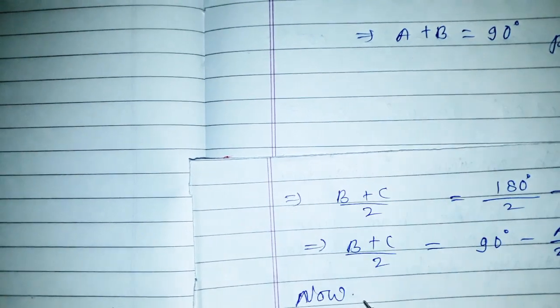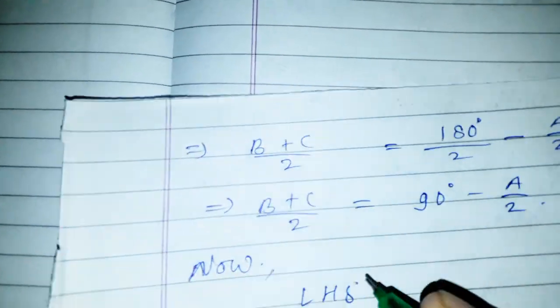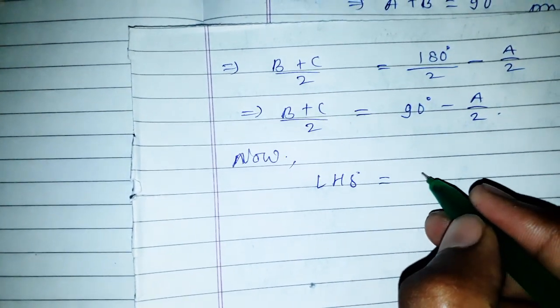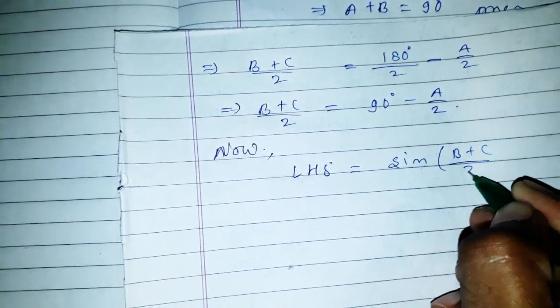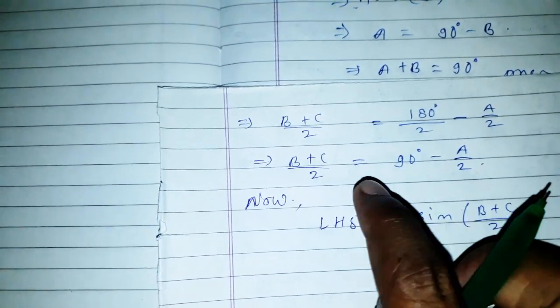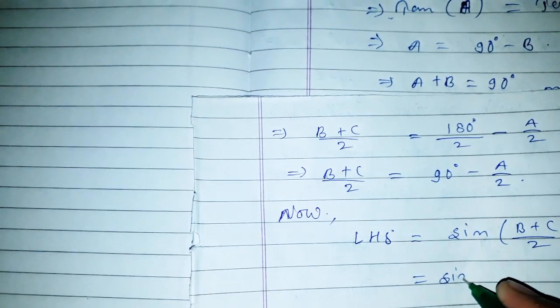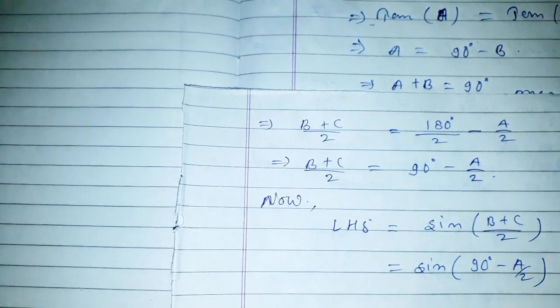Now LHS. What is LHS? LHS is sin of B plus C upon 2. What is the value of B plus C upon 2? It is 90 minus A by 2. So sin 90 minus A by 2.